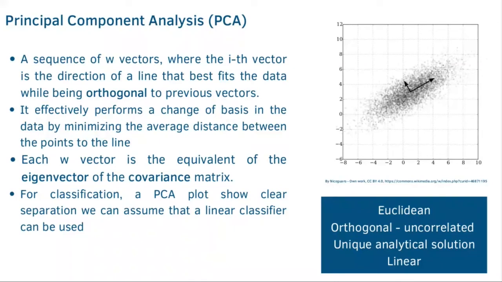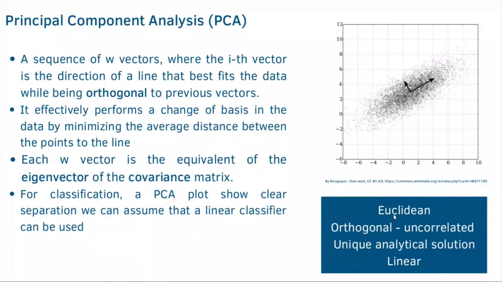For classification, PCA is very interesting because if you can plot a PCA and see some separation, we can safely assume that we can build a classifier, or better, a linear classifier for the data. But the opposite is not exactly true. If you don't manage to see separation in a PCA, that does not mean that you won't be able to fit a linear classifier.